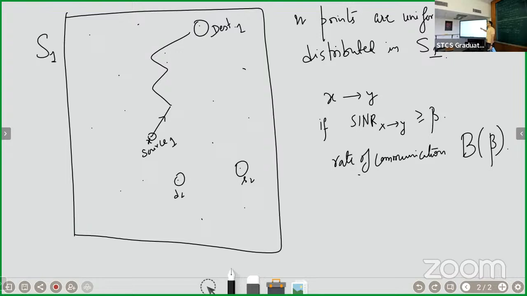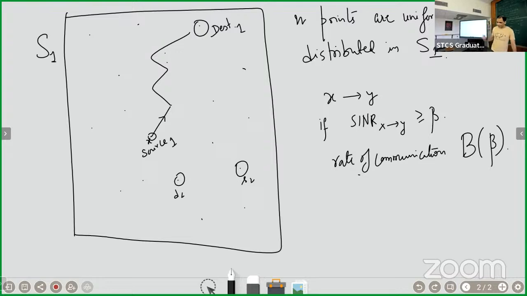So this is an increasing function of beta. But if I increase beta, the number of edges will go down. So there's a trade-off. You can demand a larger beta, but at the same time, the edges will exist with less probability. But if it does exist, then the amount of rate pushing through will be higher. So we're not going to play with beta for this. If it's a beta, you get that much rate. All I want to count is through this network, how much I can push through simultaneously.